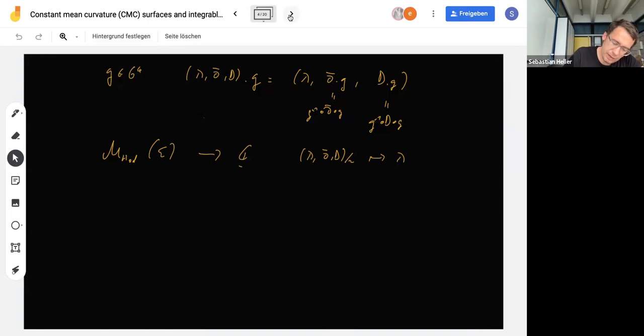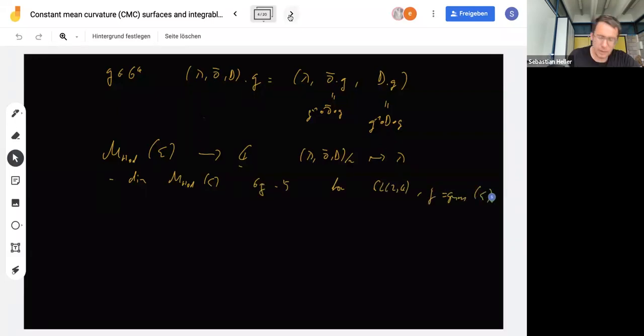And then of course one can compute that the dimension of this space is 6G minus 5, so 6G minus 6 plus 1 for SL2C. And maybe I should denote G by gamma here. Gamma is the genus of sigma. Okay, so we have a deformation of our moduli space.